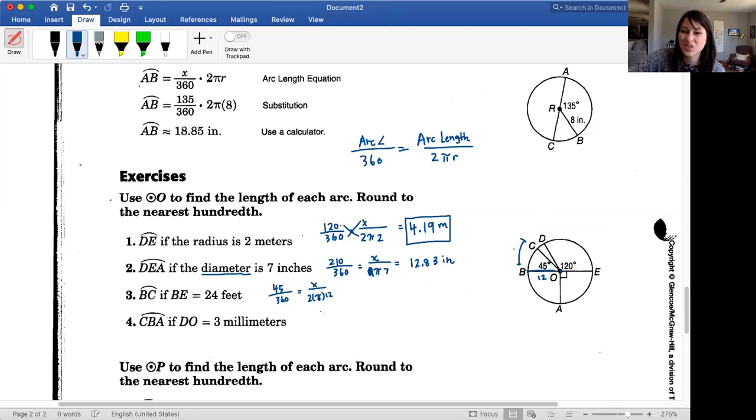Or honestly, you could just write it as pi times 24. And so you can cross multiply. You can pause and work it out. And that ends up being 9.42 feet.